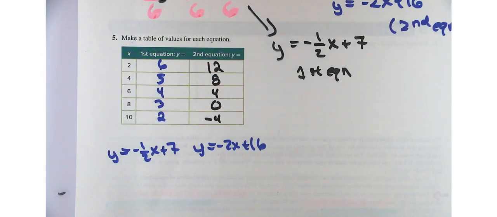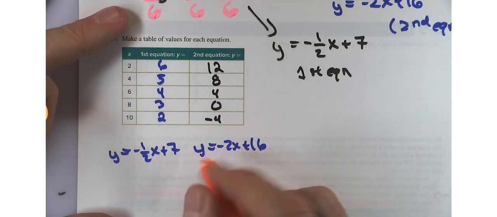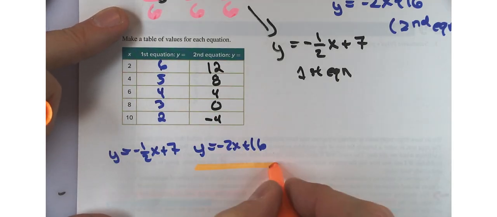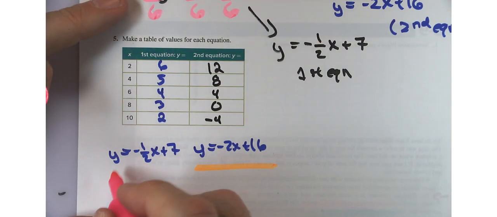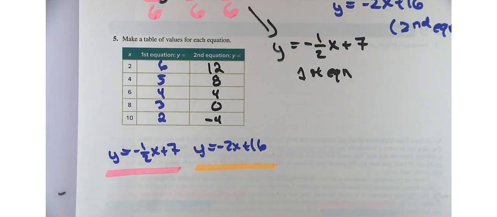Let's graph these things. It asks us to graph both of them. We're going to graph them by plotting points. Now, just for ease of viewing, I'm going to graph this one in orange and this one in pink, so I can tell which one is which.